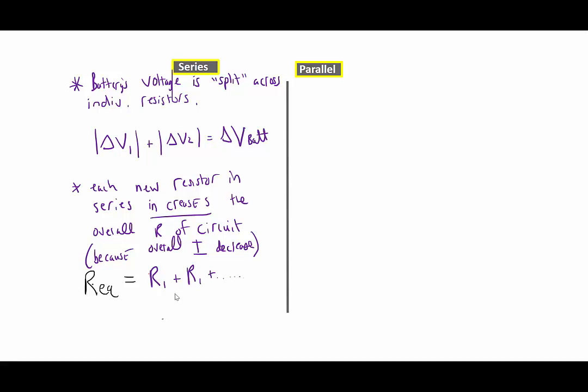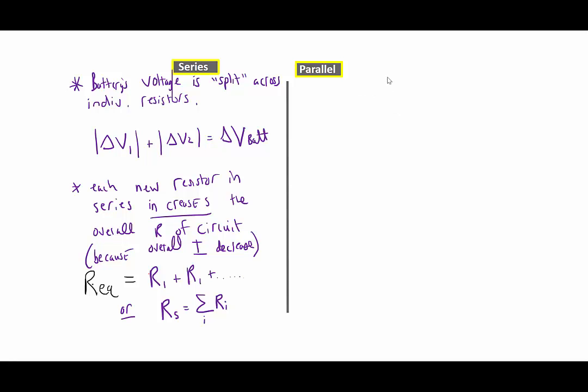As you add resistors, you've got to go through more and more of them, so the total resistance is just the sum of each of those. On your equation sheet, they say that the resistance of resistors in series is equal to the sum of the individual resistances of each resistor. So when you see that, that's what you have to do.